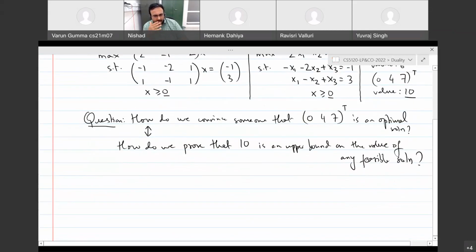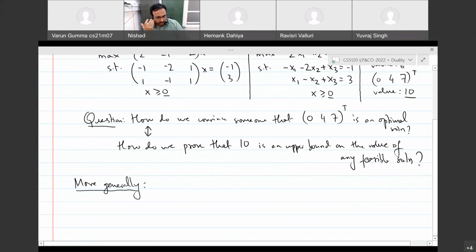So I want to ask a slightly more general question. Rather than focusing on 10, I just want to ask, how do we establish upper bounds on the value of any feasible solution?